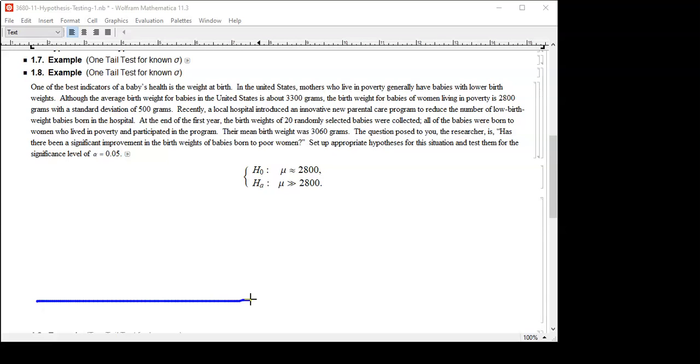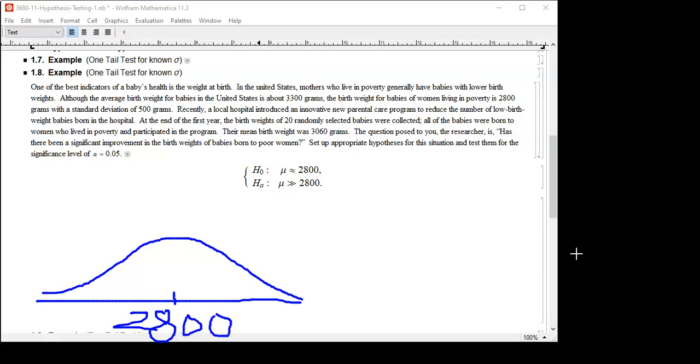We have a picture kind of like this, and then the null is 2,800. All right? And then we want improvement, greater than 2,800. So where do I shade, right or left? The shading should be on the right because we want greater.